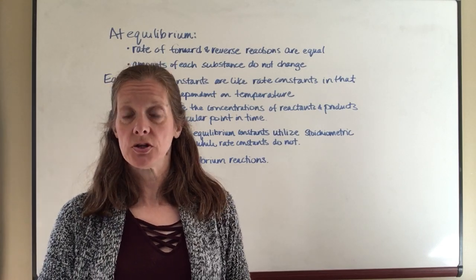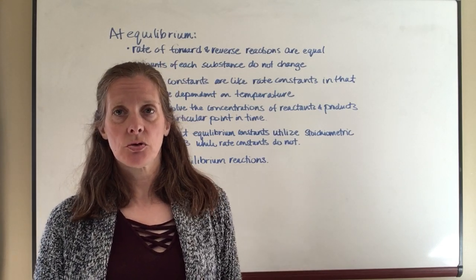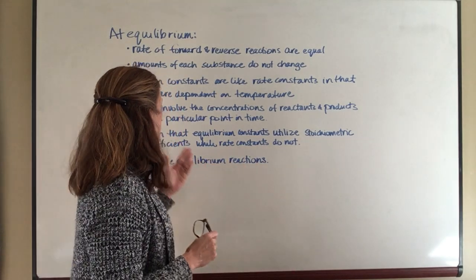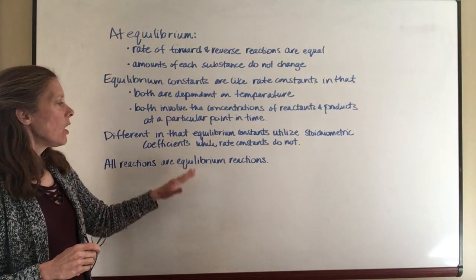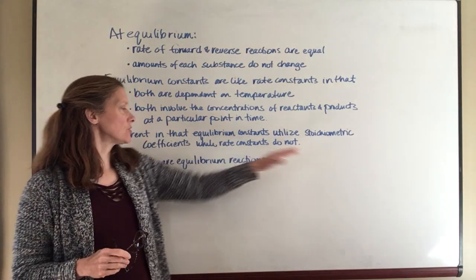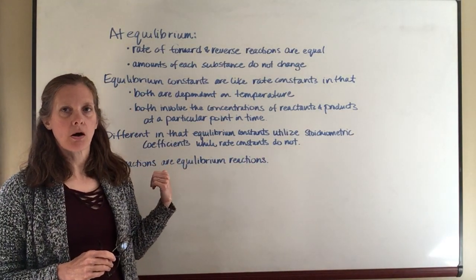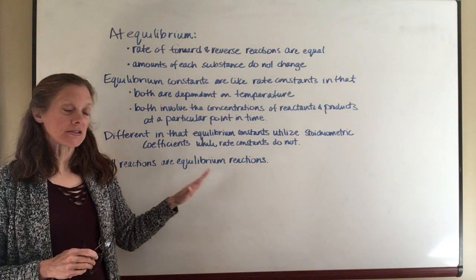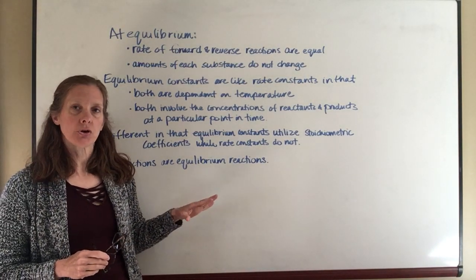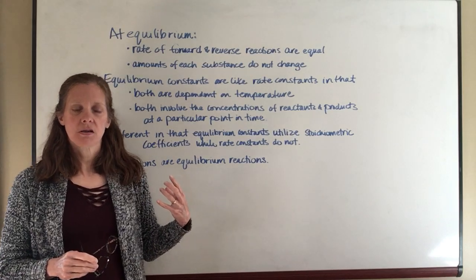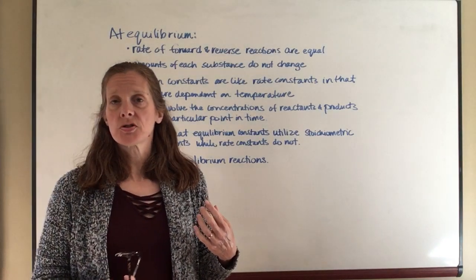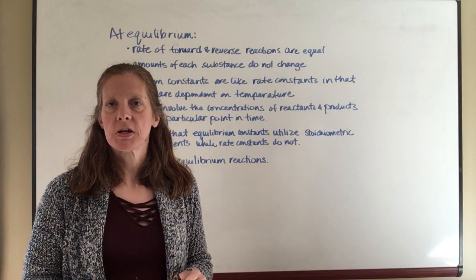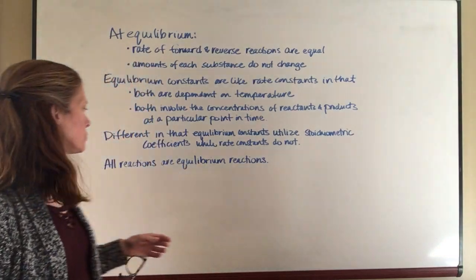If you recall that, we had to use experimental data in order to calculate that. With equilibrium constants, we are now able to utilize the stoichiometric coefficients that are present in the reaction. So it's actually a little bit easier to figure out what the equilibrium constant looks like than it is for a rate constant because we don't have to have experimental data in order to do that.